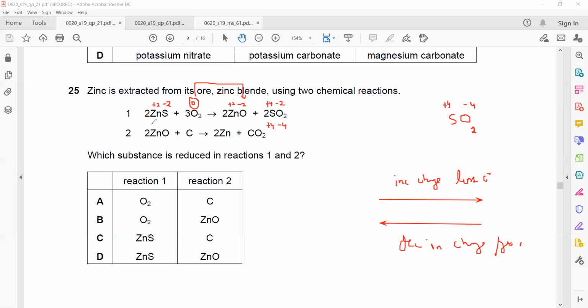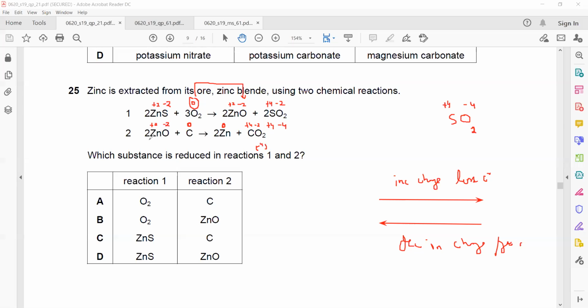What about reaction 2? Zinc is +2, oxygen is group 6, so -2. Carbon, when it is an element, the charge is 0. Zinc is the element here, the charge is 0. In carbon dioxide, carbon is +4, and one oxygen is -2.